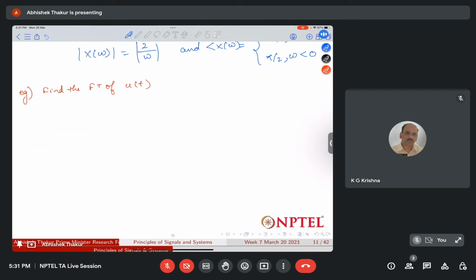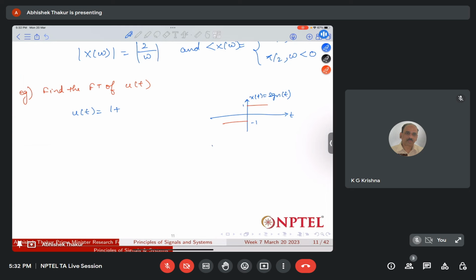Here we can write u(t) is equal to 1 plus signum t, and so on. Our signum function was like this. Now how can we make it a u(t)? First of all, we will add 1 to this.